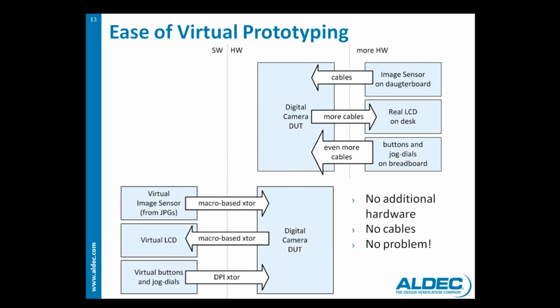Let's say this is a digital camera design, which has three kinds of connections: one is the input from the image sensor, another is the output to a real LCD, and the buttons or jog dials on a breadboard. So you need cables to connect to the prototyping board.